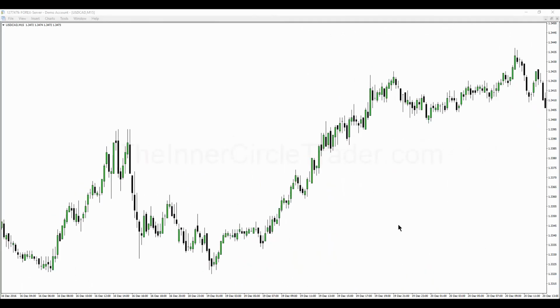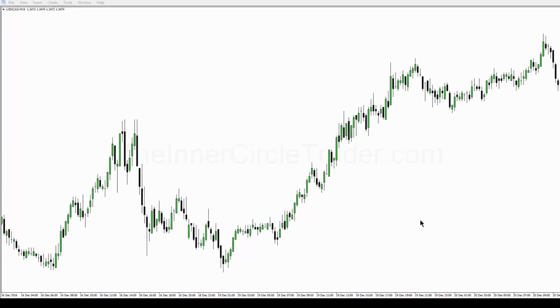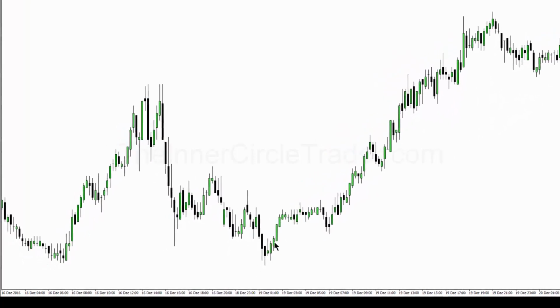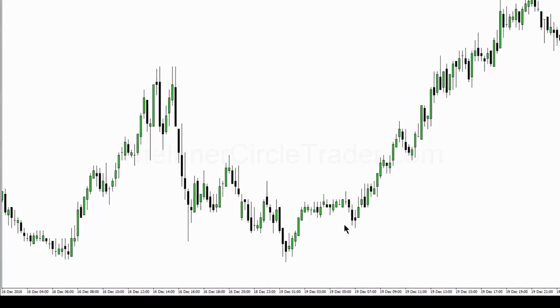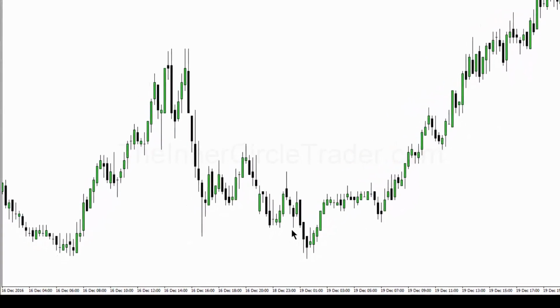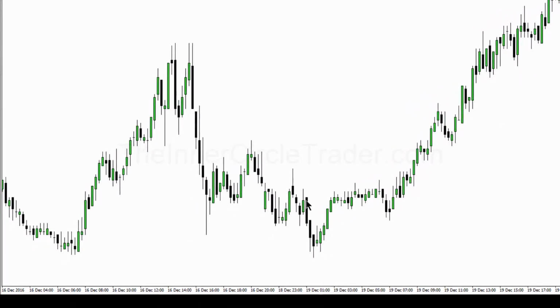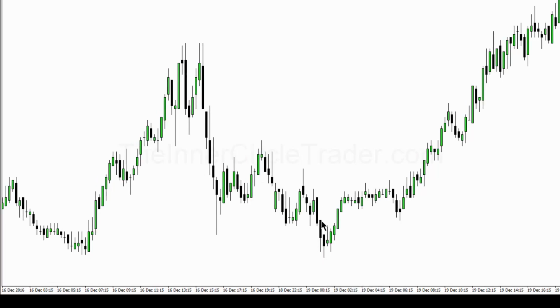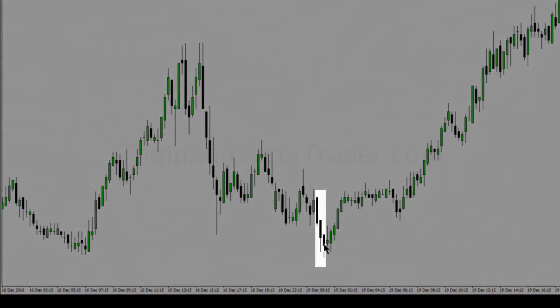Okay, folks, let's take a look at a bullish propulsion candle. You can see the price has moved from a low here, and we're on the buy side of the curve. The market has several down candles in here. We would take this as one full bearish candle because it's three consecutive down candles.